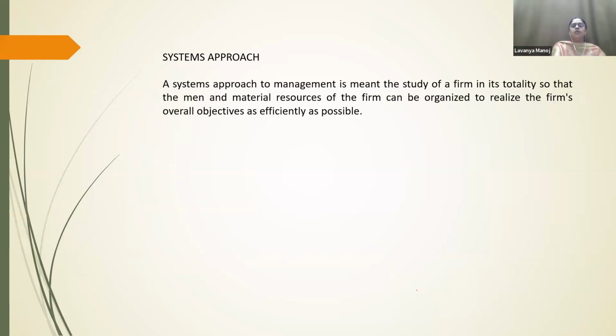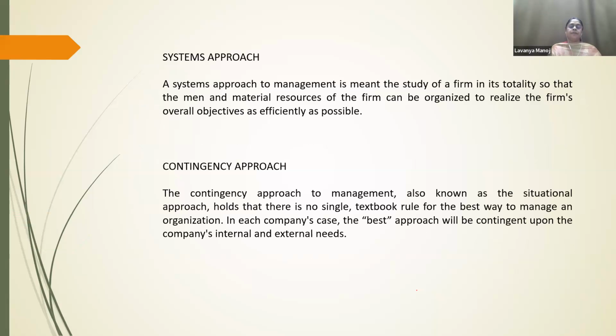Then the systems approach. The systems approach completely leaves out the psychological concept, relying on the available resources, manpower, raw materials, machinery, capital, and time. Those aspects are taken into consideration to come up with the systems approach.